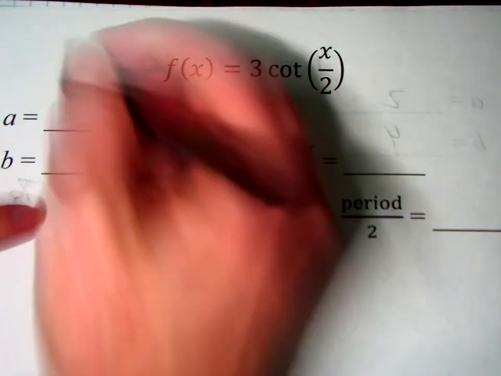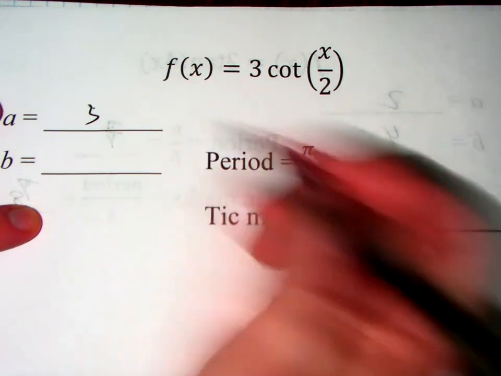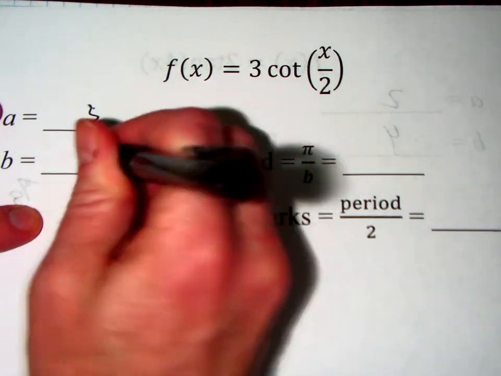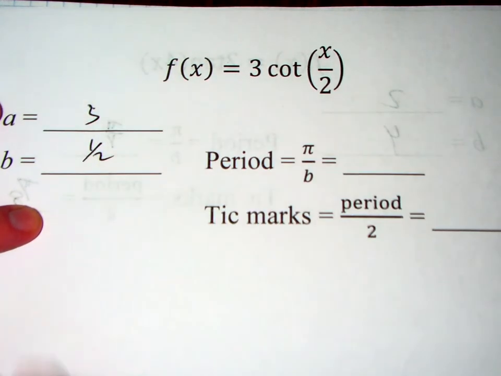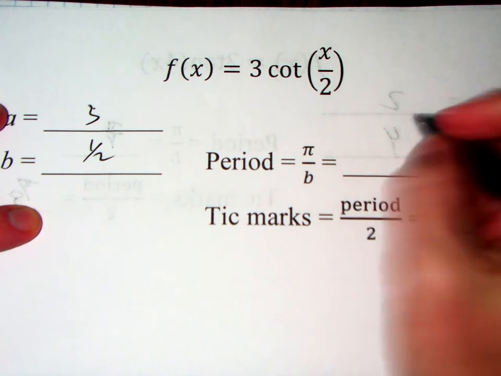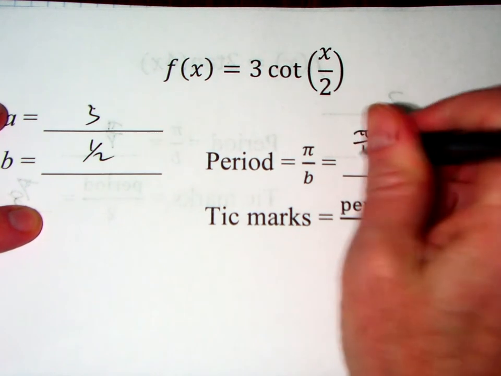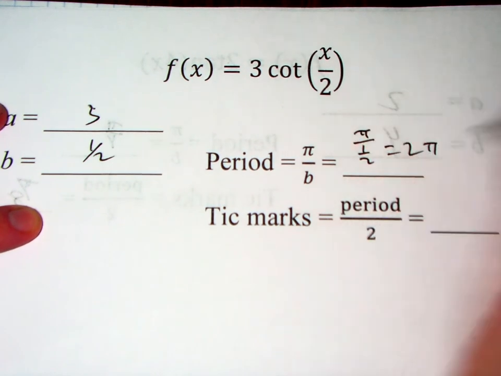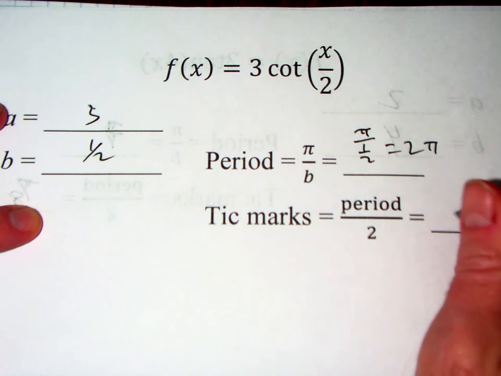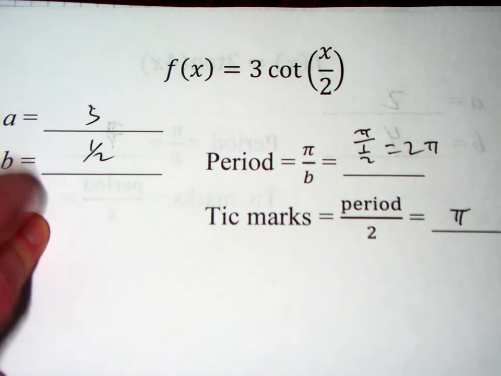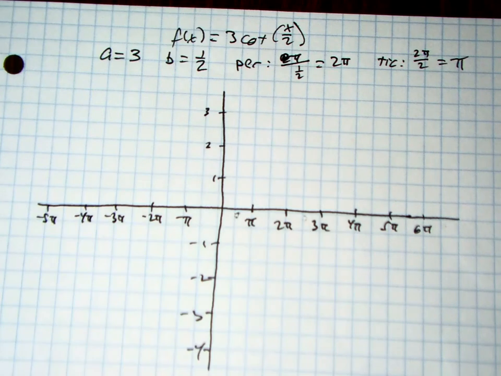All right, so A is 3. B is 1/2. Don't need to worry about the x there, obviously. Pi over 1/2 is 2 pi. 2 pi over 2 is just pi. And then you see here, I've already got that labeled for us.